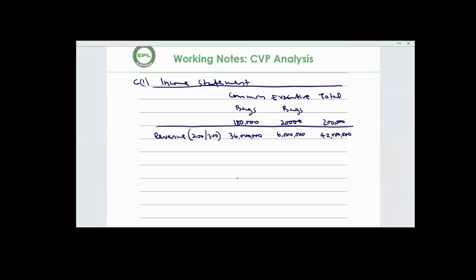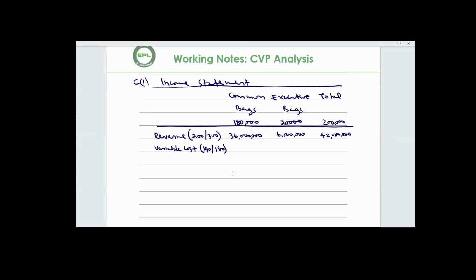Next, based on the format as given in the question, the next item is variable cost. Variable cost per unit for common is 140, executive 180.